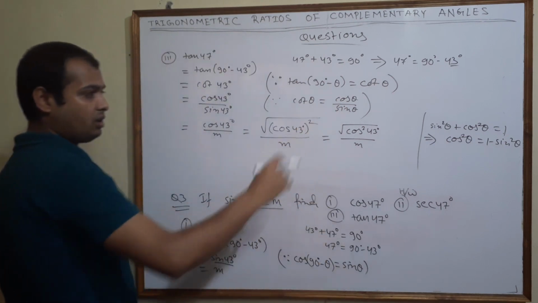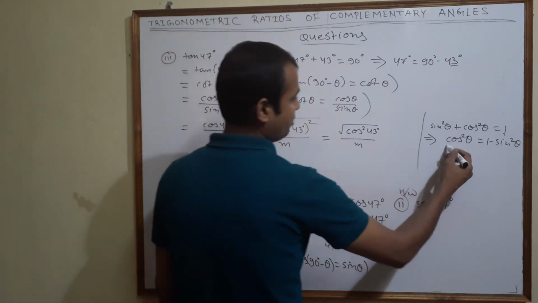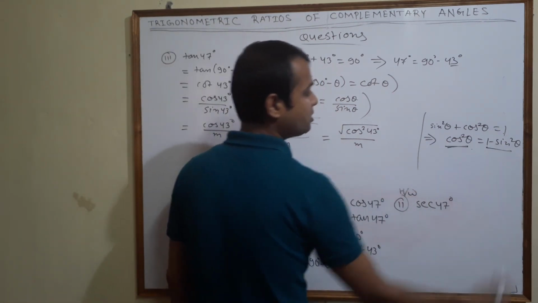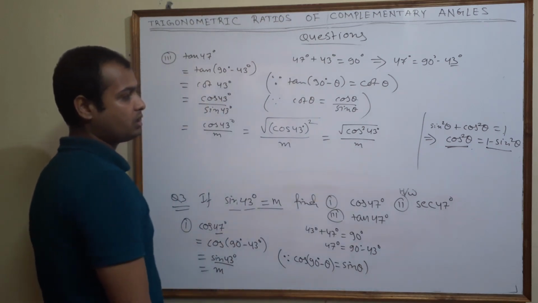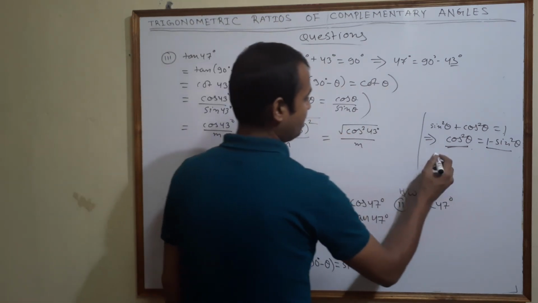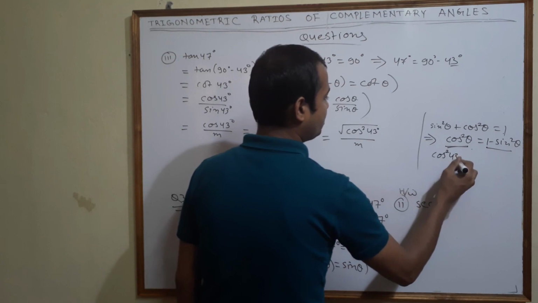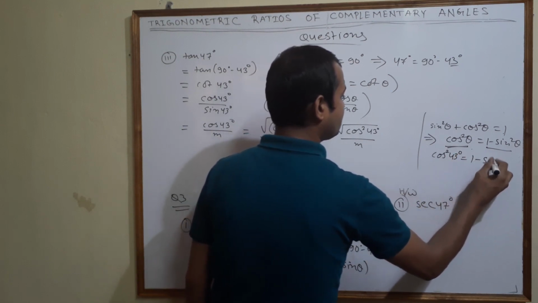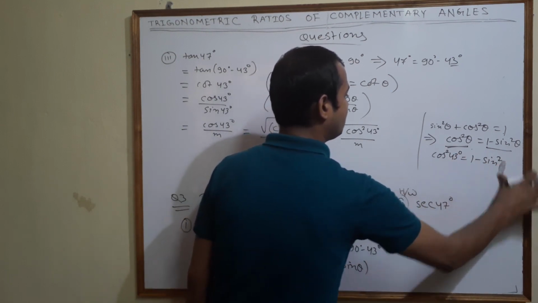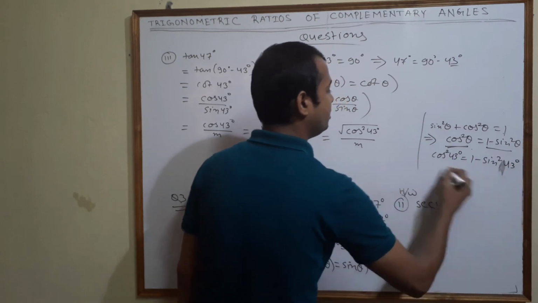That means cos square theta can be written as 1 minus sine square theta. So in this case, cos square 43 degree can be written as 1 minus sine square 43 degree.